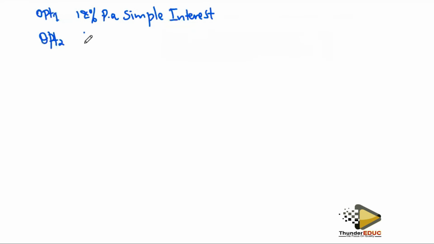Okay, we need to use a whiteboard. Here we go. Mr. Moleko has two options. Option one, he takes money from his uncle and he pays 18% per annum under simple interest, or option 2, he takes from the bank and it charges him 16% per annum compound interest.